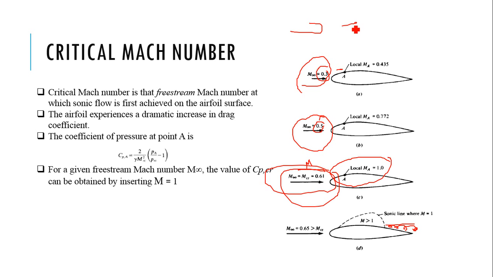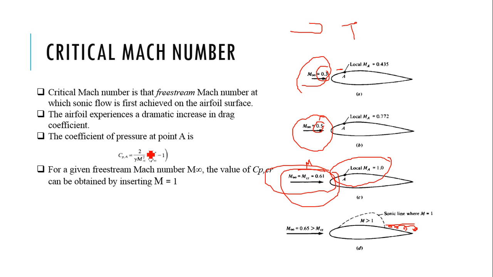That's why in transonic flows, this linearized velocity potential or the compressibility correction factors are not suitable for transonic flows. So here for CPA, we know CPA is 2 by gamma M infinity square. I have already told you about this CP for compressible flows.